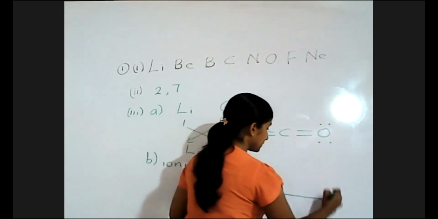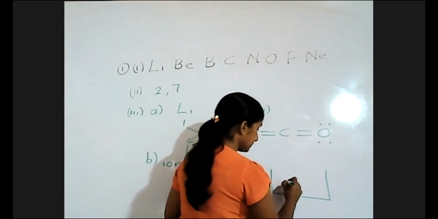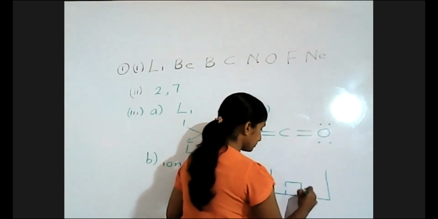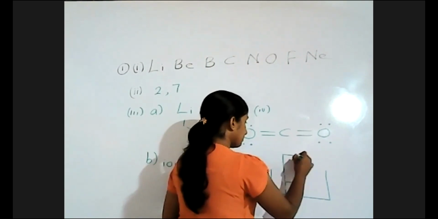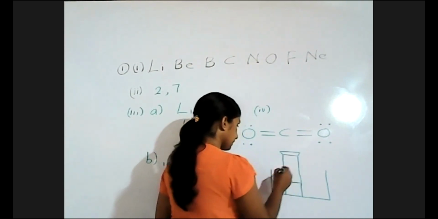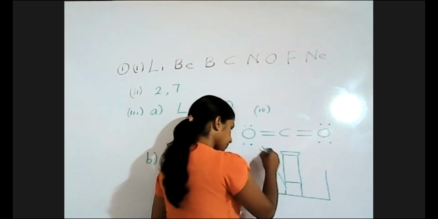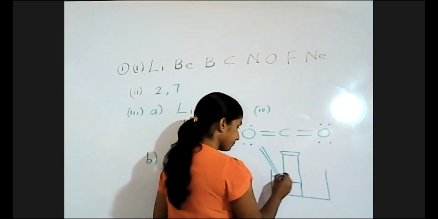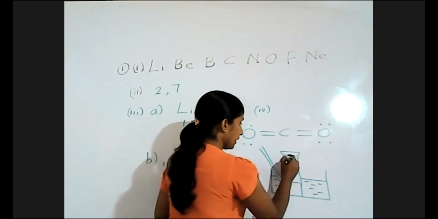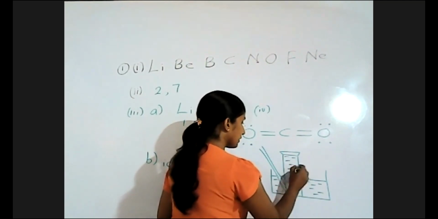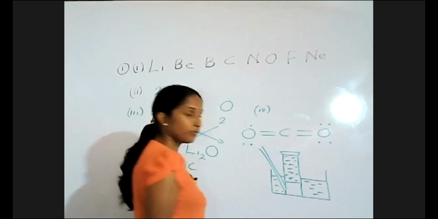We discussed these things, the preparation of three gases. The trough is there and the gas jar is here. The delivery tube is connected to here. Water here. At the beginning, the gas jar is completely filled with water.